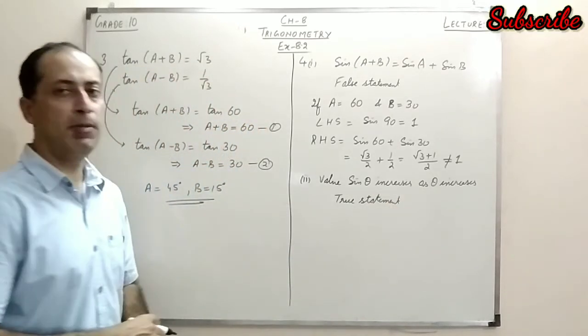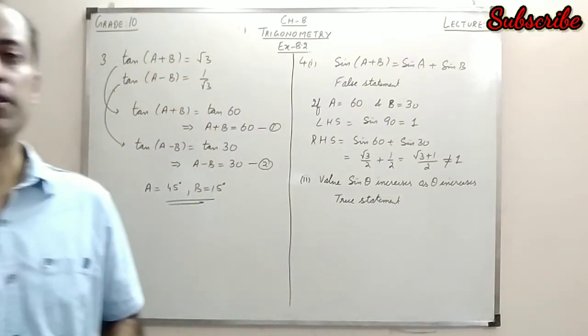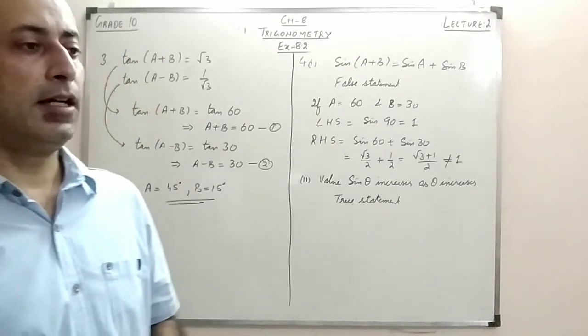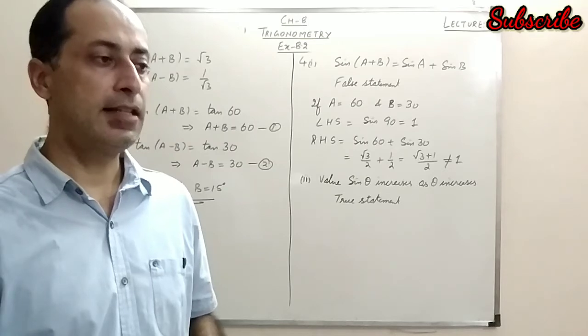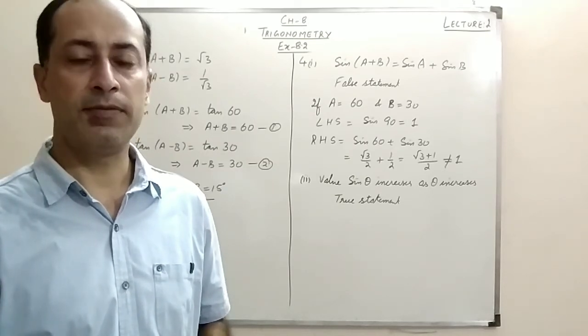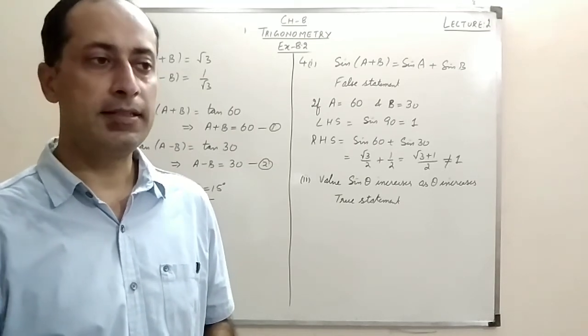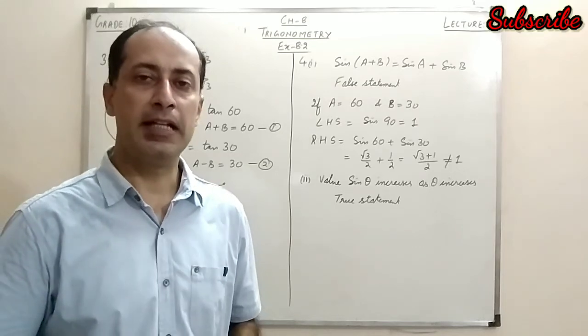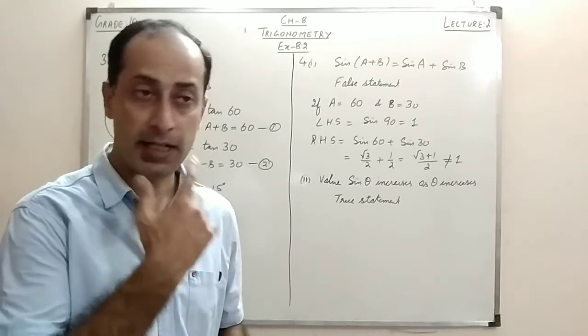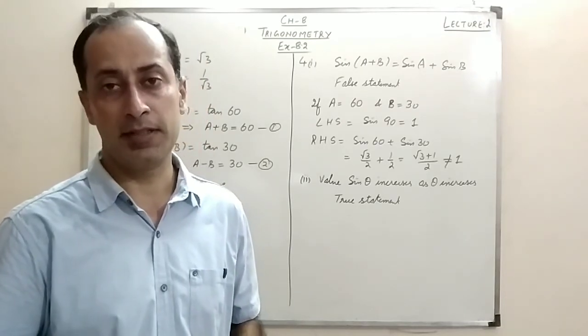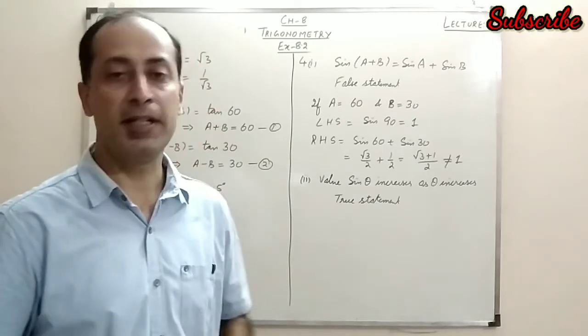Why true? If you remember, in the beginning of the lecture we discussed the values of sine for different angles. Sin 0 is 0, sin 30 is 1 by 2, sin 45 is 1 by root 2, sin 60 is root 3 by 2, and sin 90 is 1. So from 0 the value goes to 1, and as the angle increases the value of sine also increases. So that is why this statement is true.